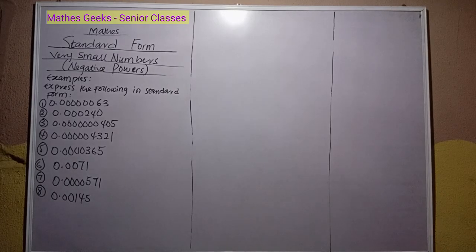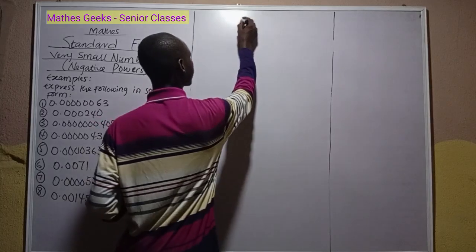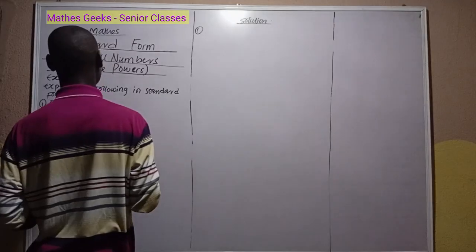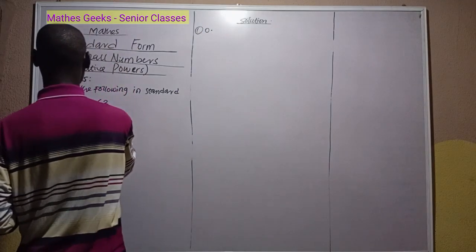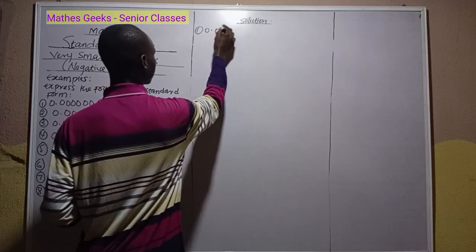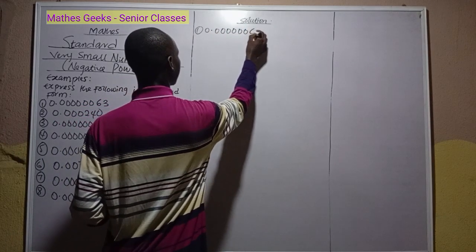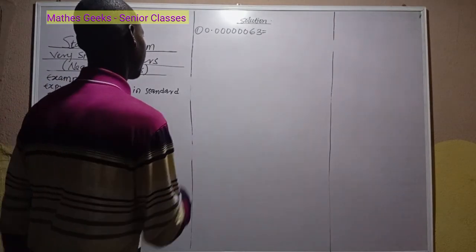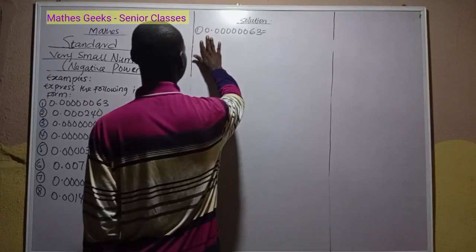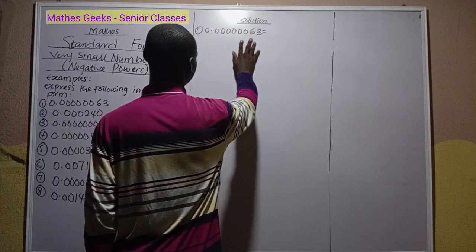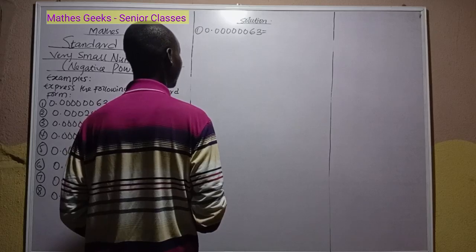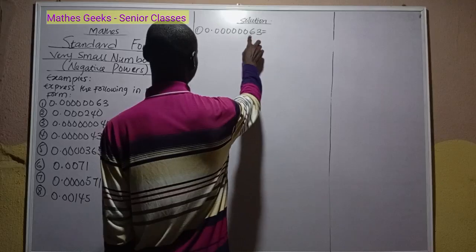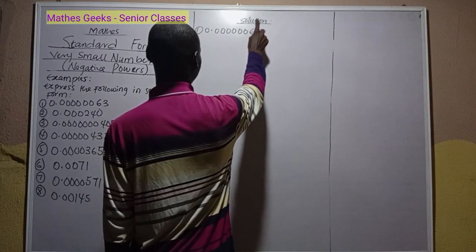Let's look at these examples. Number 1, 0.1234566. Okay, so this one, remember that we already have the decimal point here, so we need to move this decimal point forward, and we are making that move until we get to the first non-zero digit. The first non-zero digit here is 6, and when we get here, we're going to put the decimal point here.